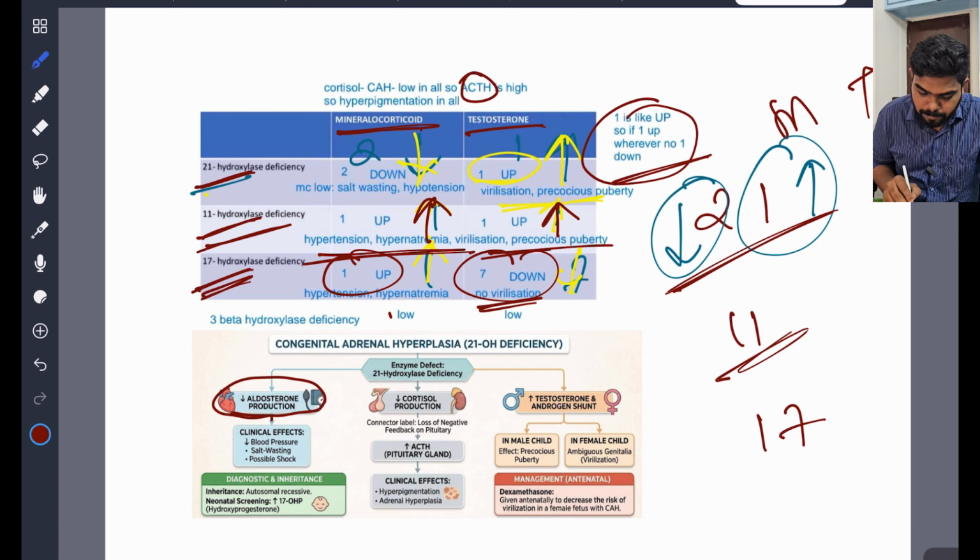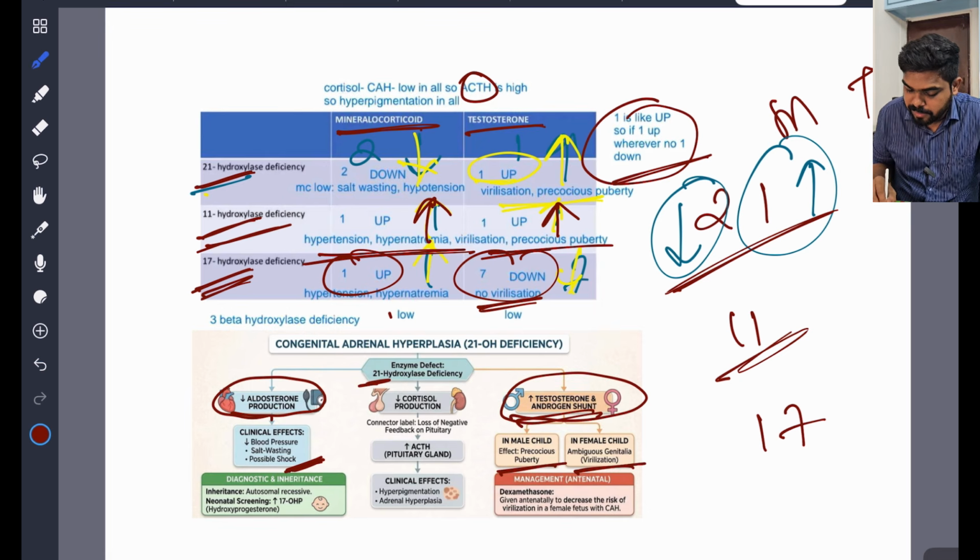So what happened? Decreased BP and salt wasting, important. Wherever aldosterone is low, testosterone will be high. So in a male child, precocious puberty, and in a female child, ambiguous genitalia, that is virilization, will occur. That I explained now.